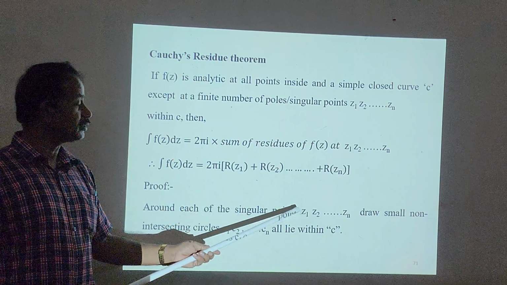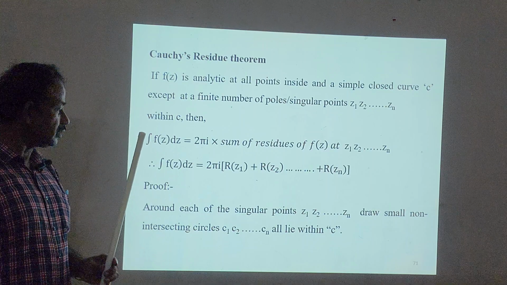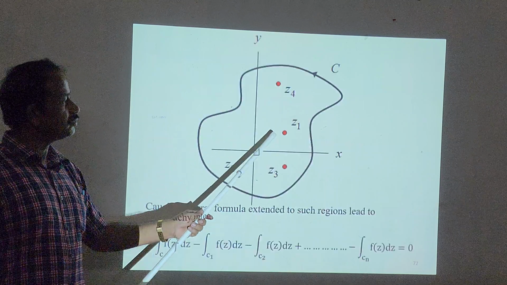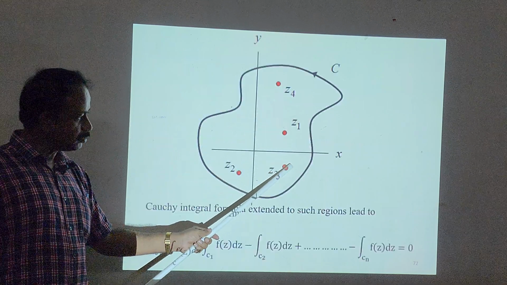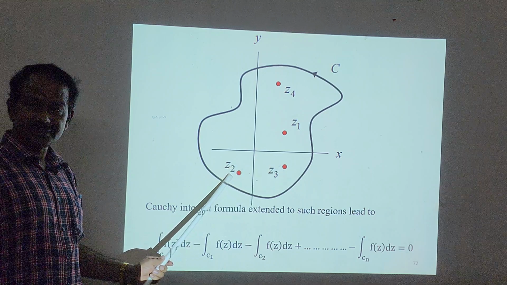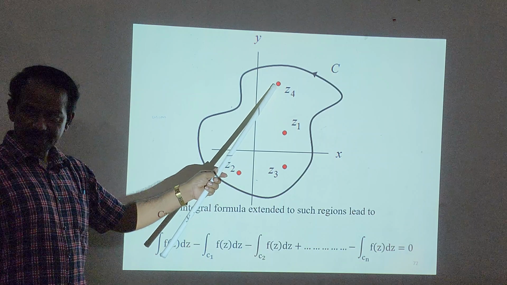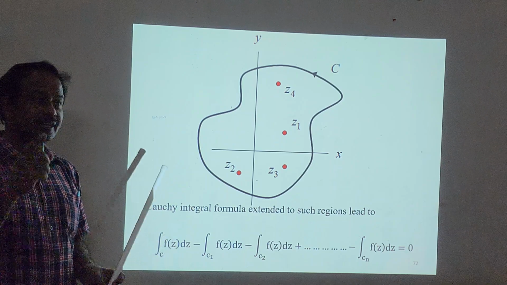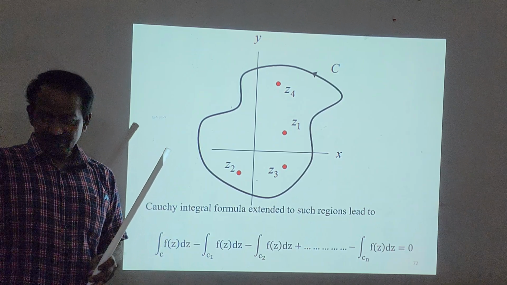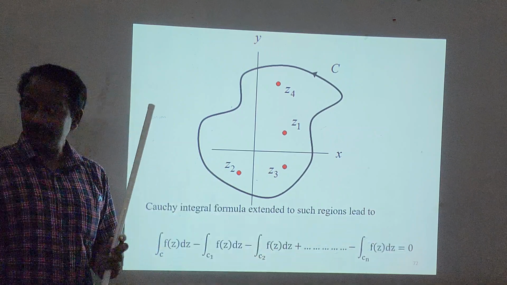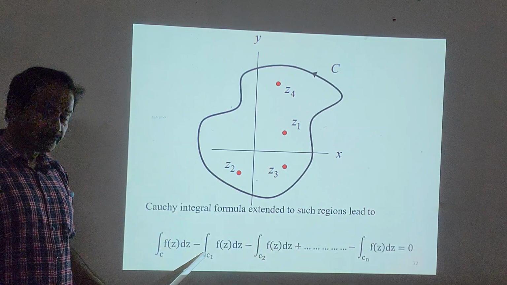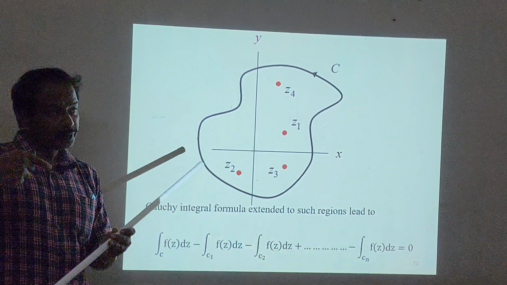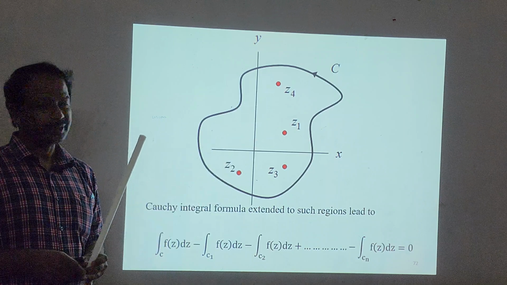Around each of the singular points z1, z2, up to zn, draw small non-intersecting circles C1, C2, C3, Cn, all lying within C. Here we have small circles C1, C2, C3 and C4. The Cauchy integral formula extended to such regions, which I told you already, gives that the integral of f of z dz equals 0.